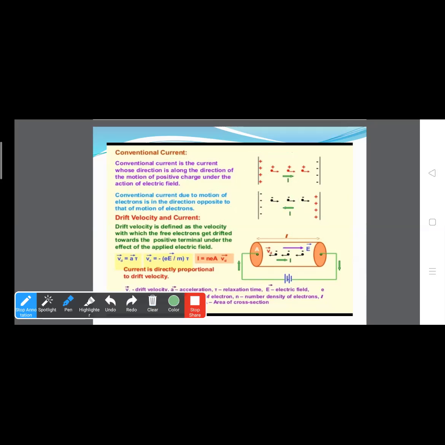Clear? So now consider a conductor kept in an electric field. The electric field direction is from positive to negative. This is positive and this is negative.